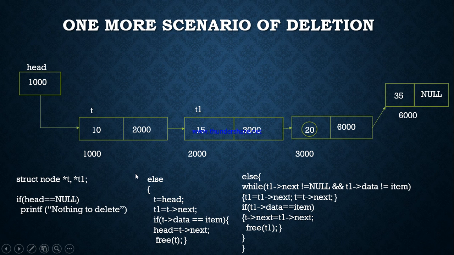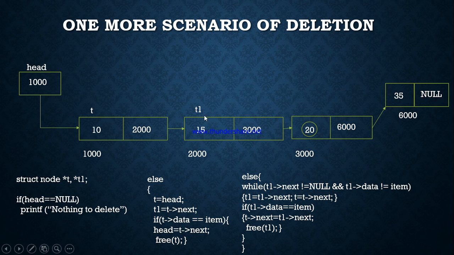But here we want to delete the element 20, so we will follow this logic. This condition is false: T of data equals item? No, because T of data is 10 and we want to delete 20, not 10. So else, while T1 of next is not equal to null.